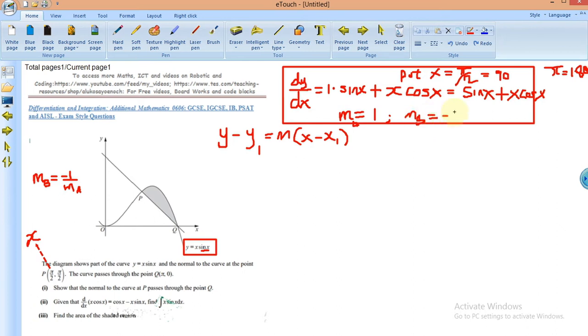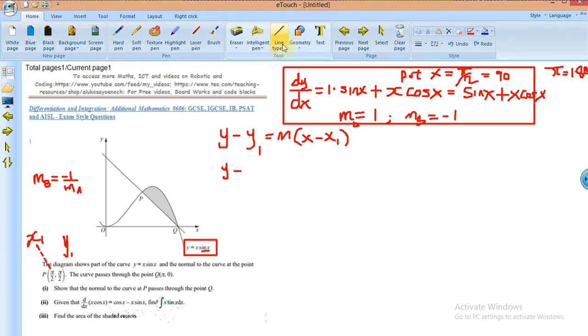Guys, hope you are still fine with straight line equations. What I'm going to do now is complete the equation: y minus y1. You can label this point x1, y1.